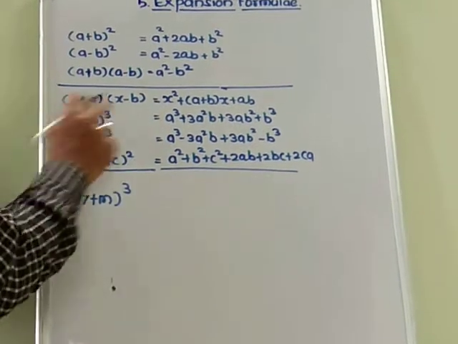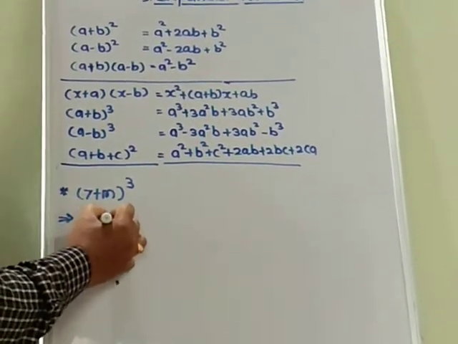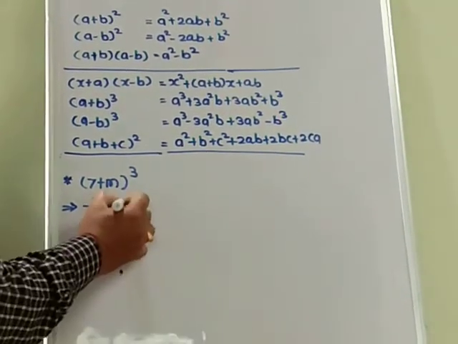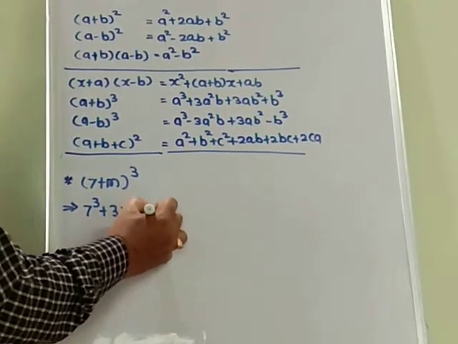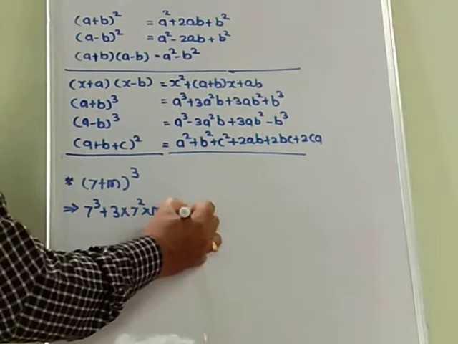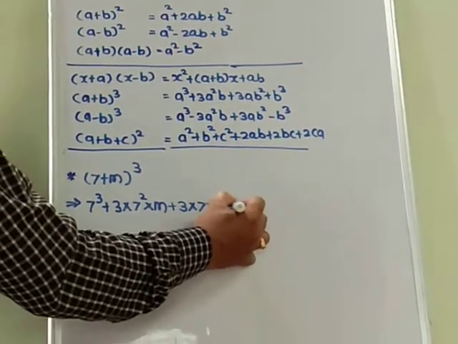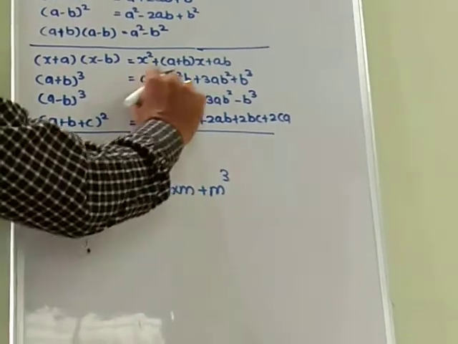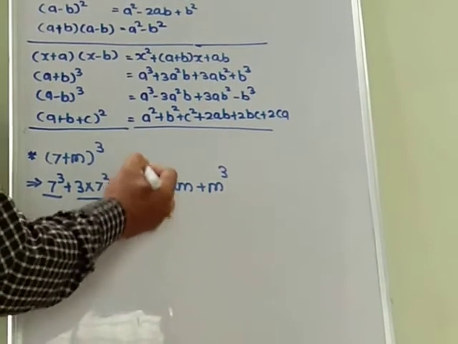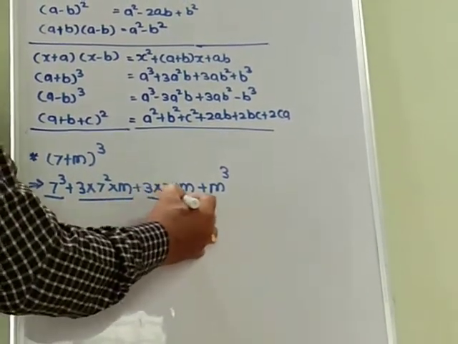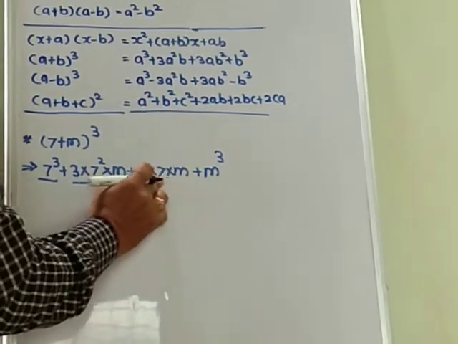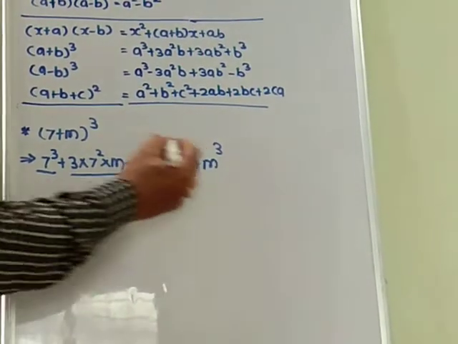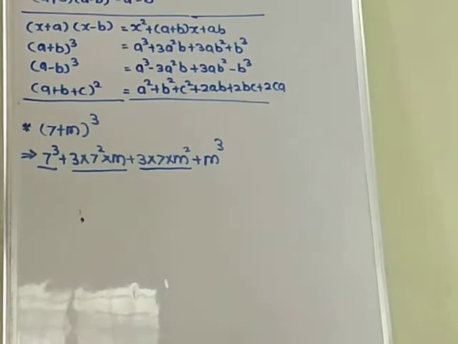A cube means first term cube plus 3 into first term square into second term plus 3 into first term into second term square plus second term cube.